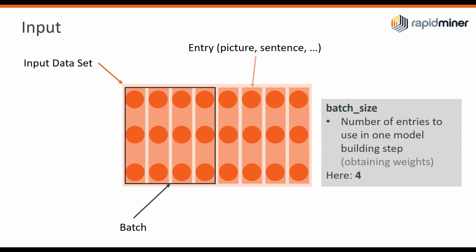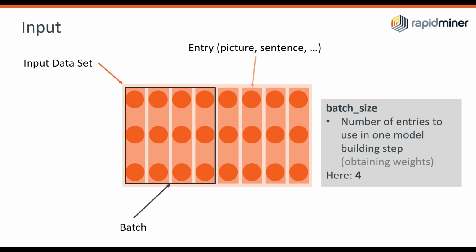It might be the case that we have quite a lot of data but we want to reduce the training time, or we don't have that much data, and then it might still help to group up the data in batches, which is just a collection of entries. So the notion of a batch is just a selection of, here for example, 4 entries. You can define a batch size, and then for each optimization step, which we'll learn about in a minute, only 4 entries are sampled, so picked from your data set, to obtain this value that you need to create your model.